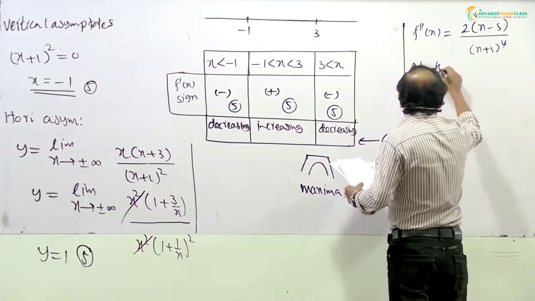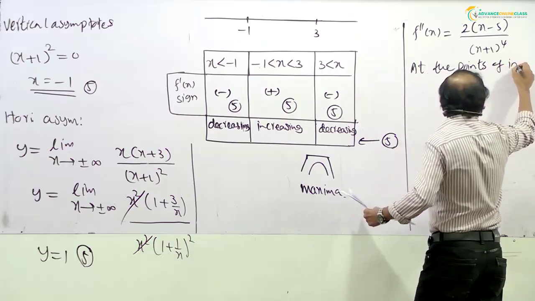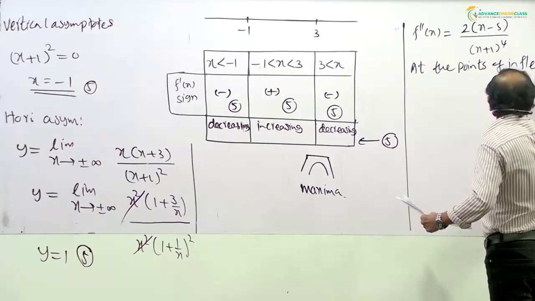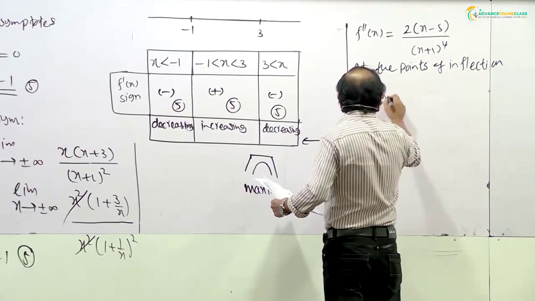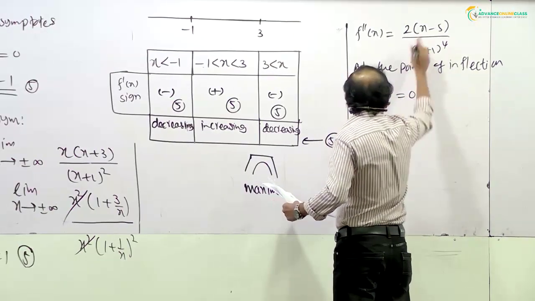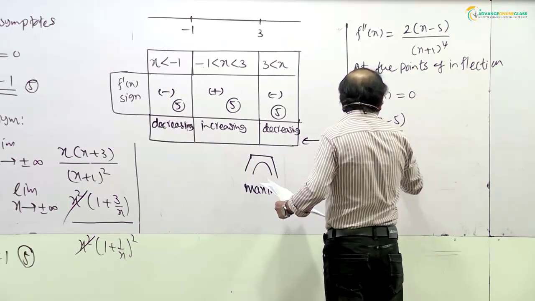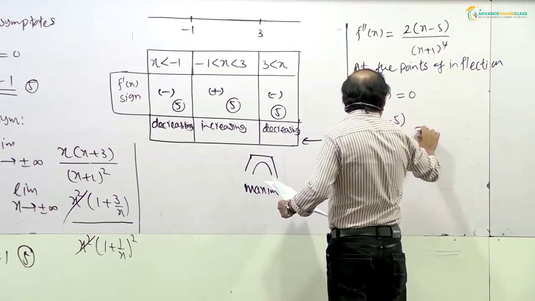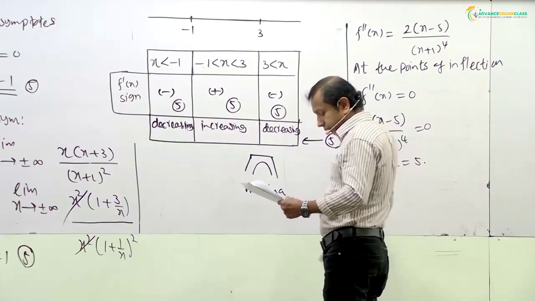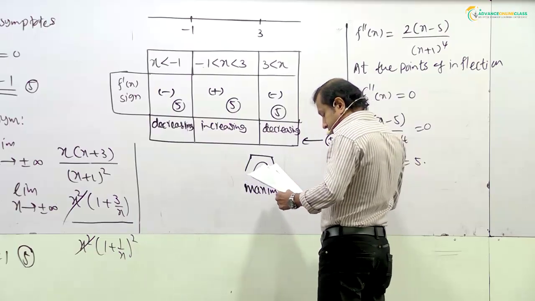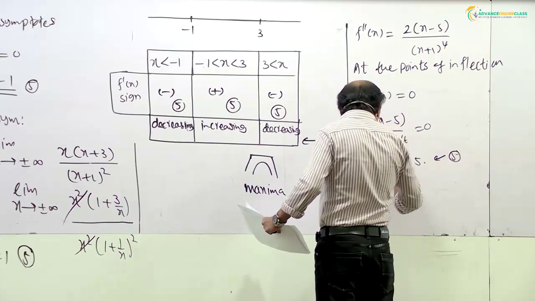You know, at the points of inflection, f double dash x is 0. That means 2 times x minus 5 divided by x plus 1 power 4 should be equal to 0, x equals 5. Five marks.